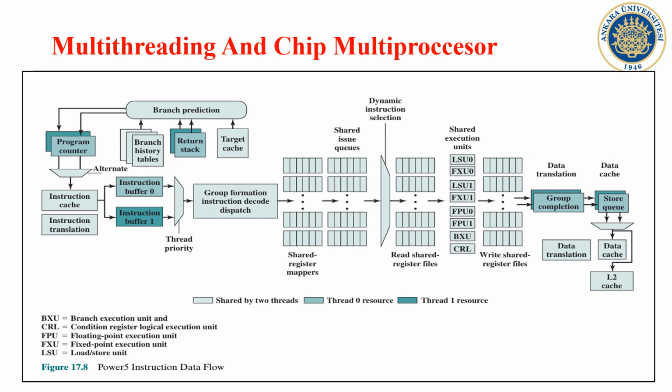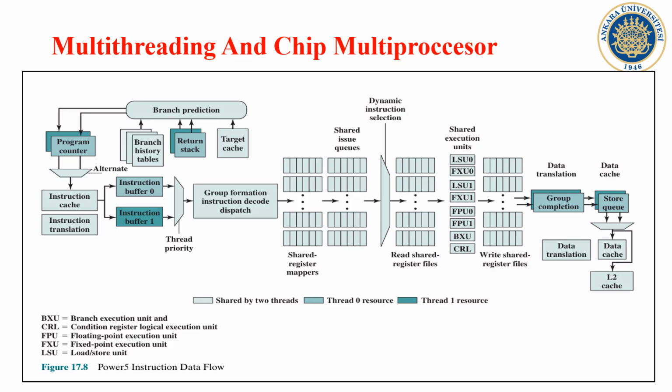For example, a multithreading system: Pentium 4. Some newer Pentium 4 models use a multithreading technique called hyper-threading. Essentially, it is SMT supporting two threads, so one processor acts like two logical processors. IBM Power 5.